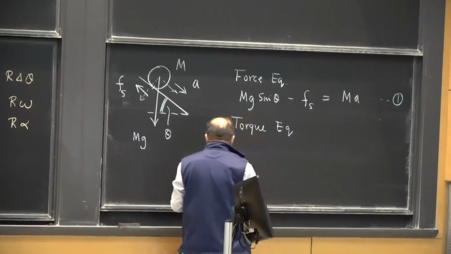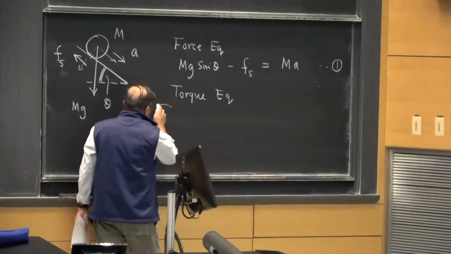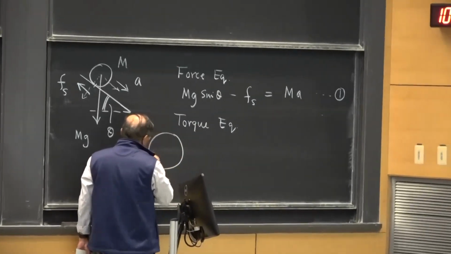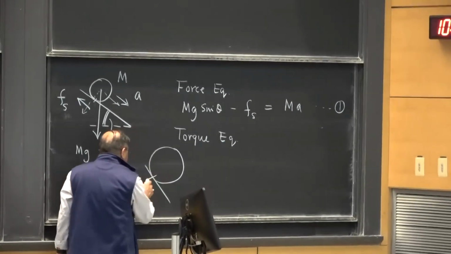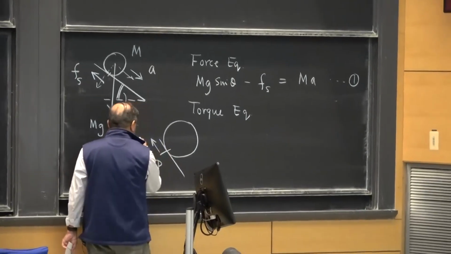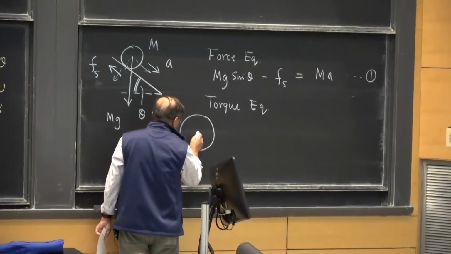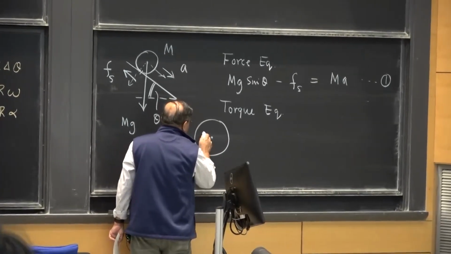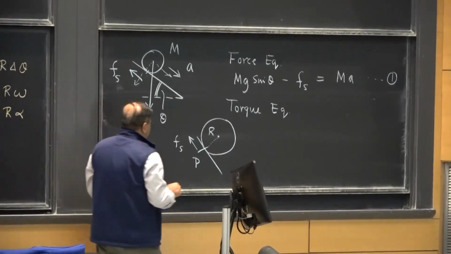So it turns out that if you look at this thing here, at this contact point P, there would indeed be a static friction force that it will feel momentarily. And there is a distance r, which is the radius of this.